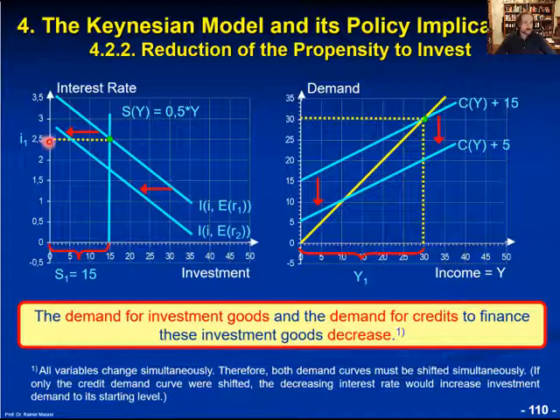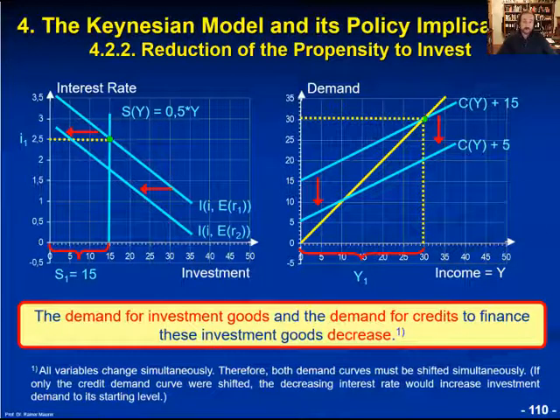At the same interest rate as before, now 2 little quads less investment credit demand is exerted because we need 2 little quads less investment credit demand to buy investment goods. Both demand curves shift at the same time, so we must shift these curves simultaneously.